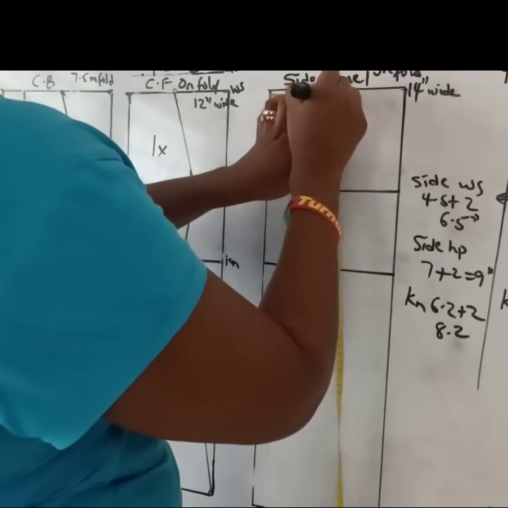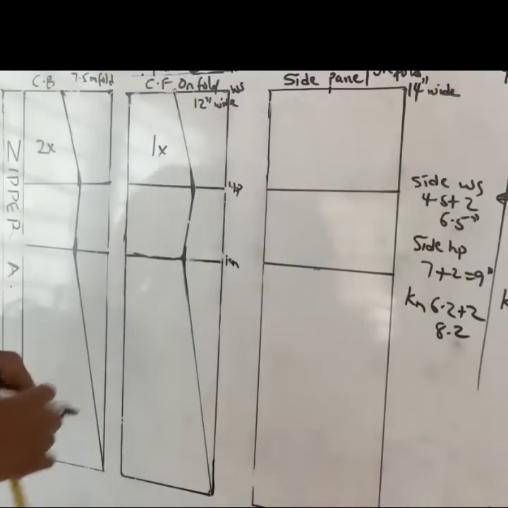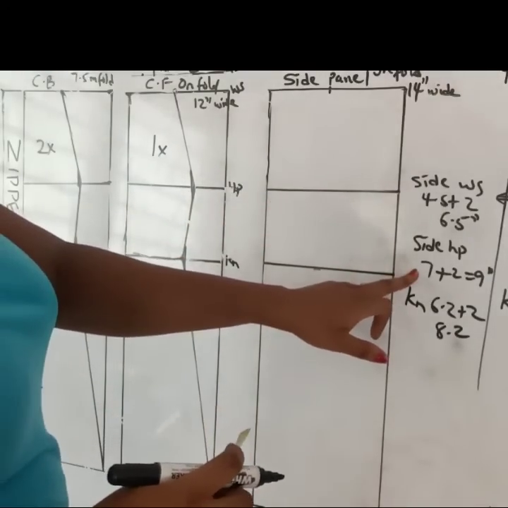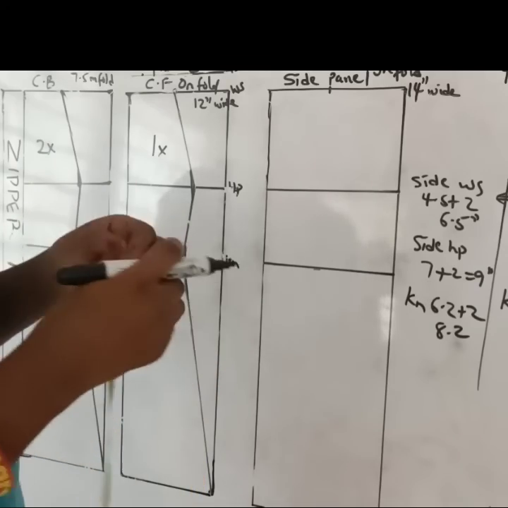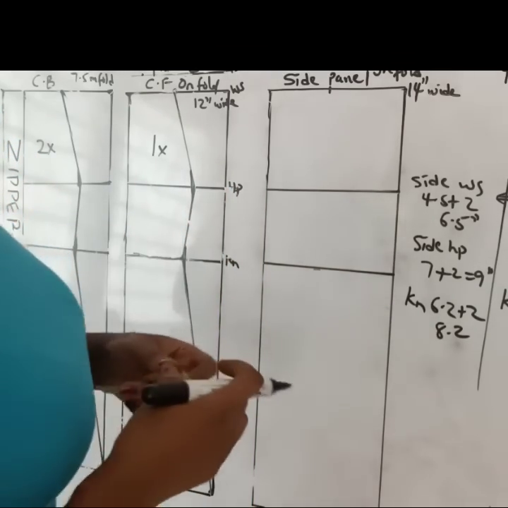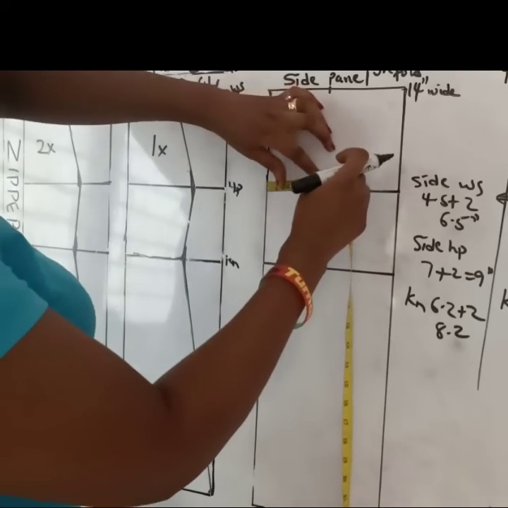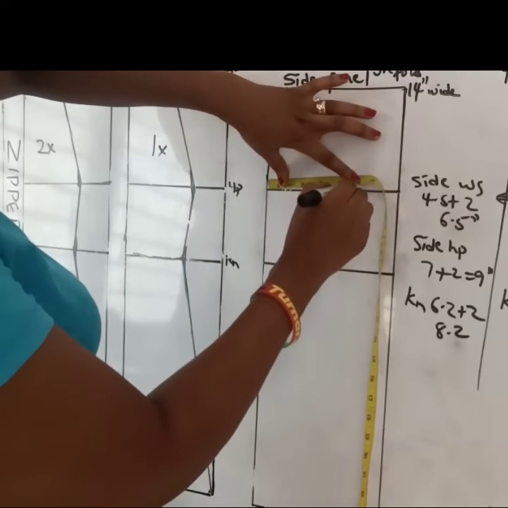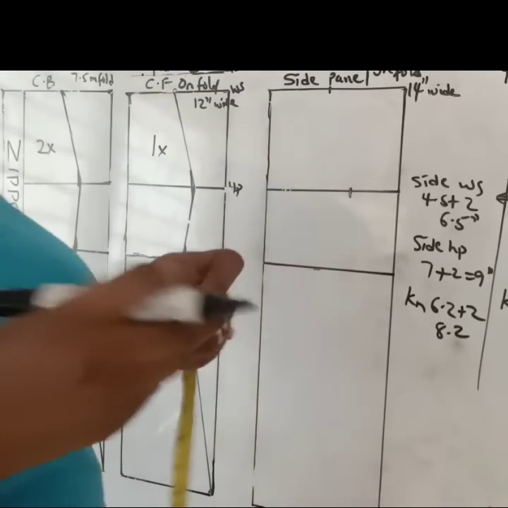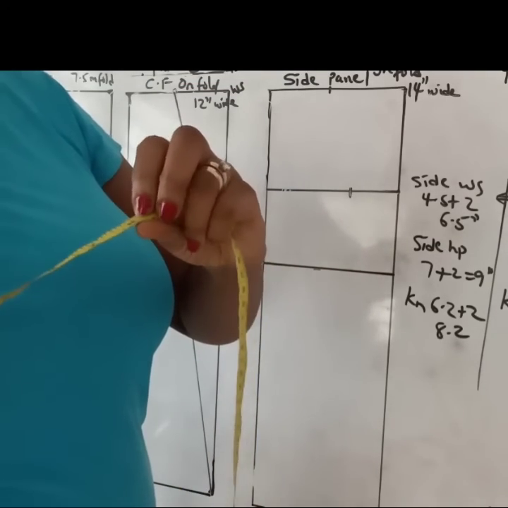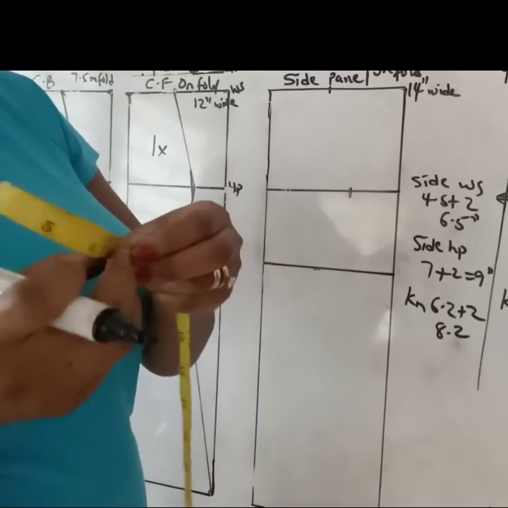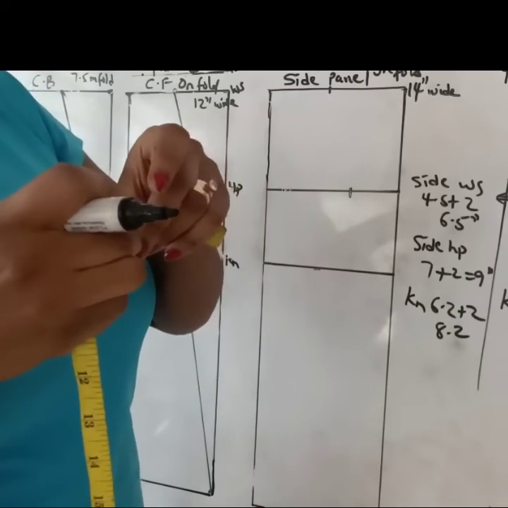And then for the hip we are now using 9, and 9 unfold will give us 4.5. And the knee, 8.2, unfold, that will give us 4.1.